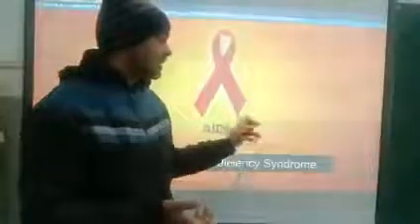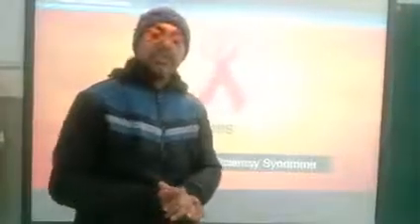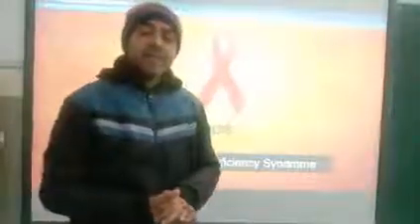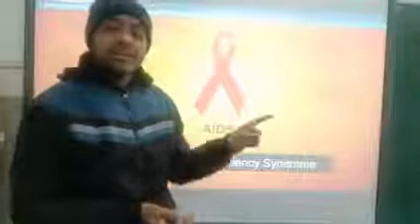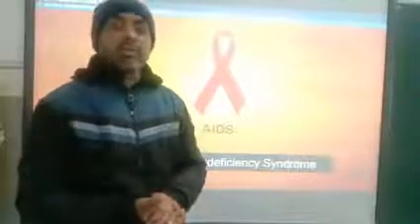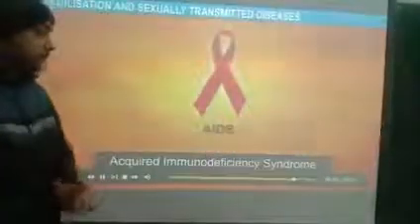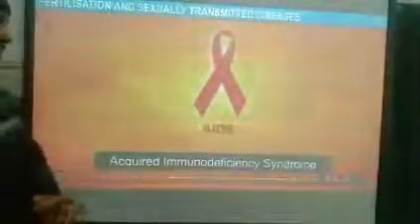It is a very dangerous disease caused by a virus known as human immunodeficiency virus, HIV, and one method of transmission is sexual contact. So unsafe sexual contact should be avoided. That is causing havoc in humans today.